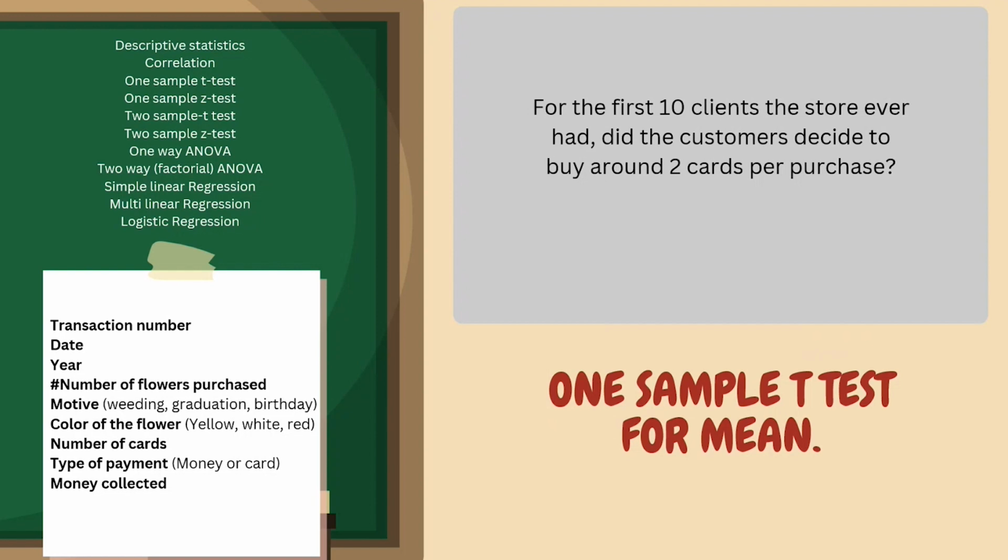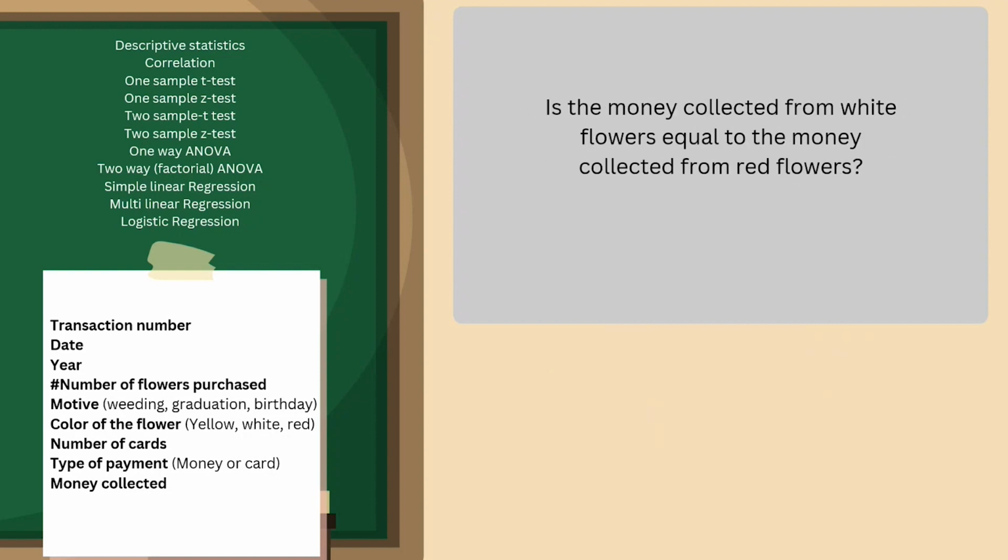A sample is smaller than 30. And it is just one sample instead of two samples because we are not comparing two variables. We are comparing one, the number of cards, with the value given, 2 cards. The right approach would be to filter the data to get just the information from the first 10 clients and then run the t-test.